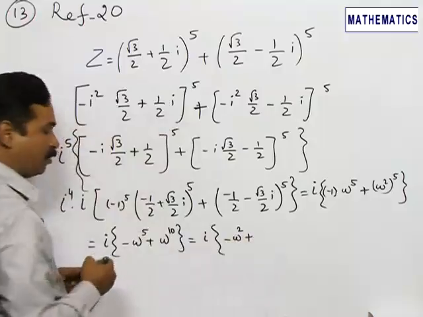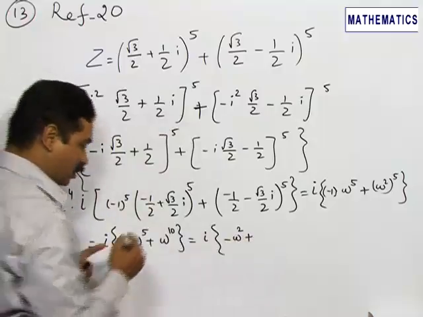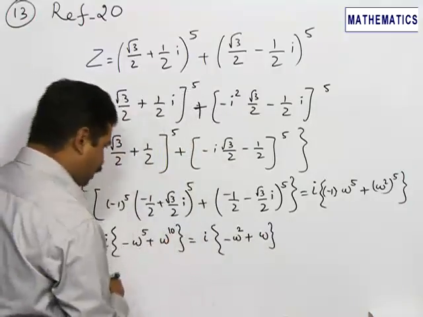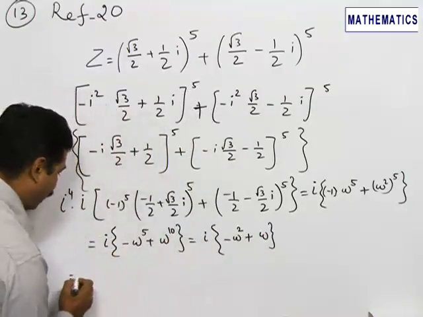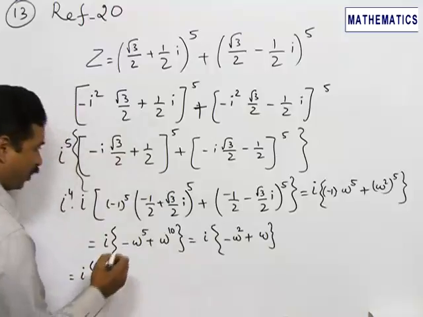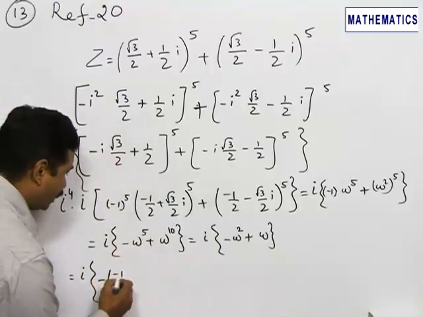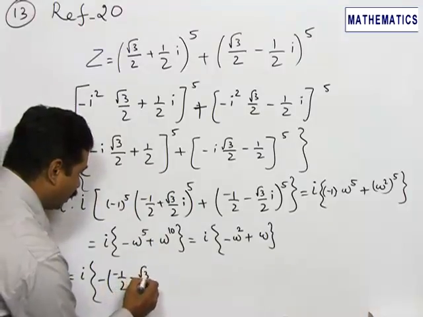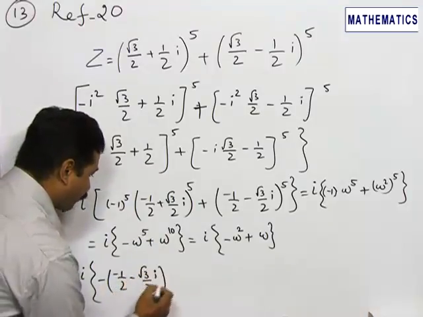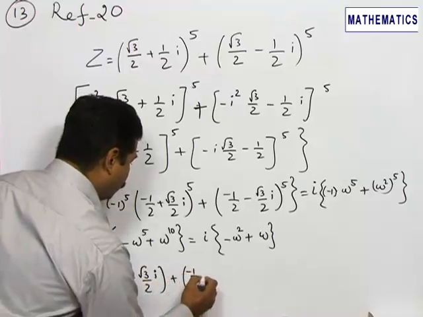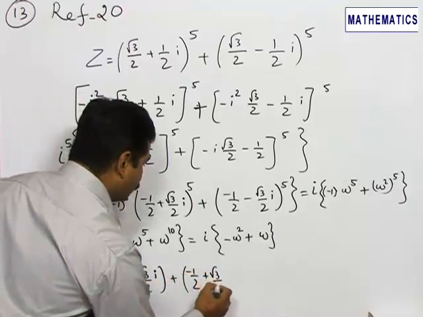Omega power 10 becomes omega power 9 into omega, so again it becomes omega. If we substitute the values of omega square and omega, for omega square we write minus of (minus 1 by 2 minus root 3 by 2 i), plus, for omega, 1 by 2 plus root 3 by 2 i.